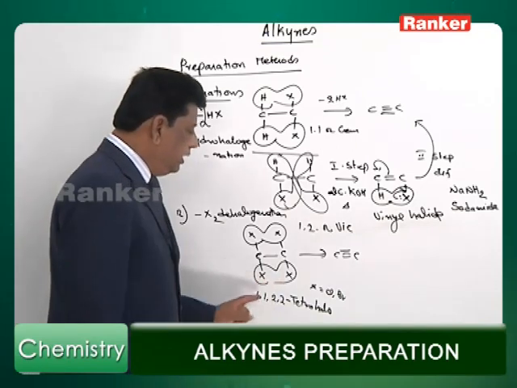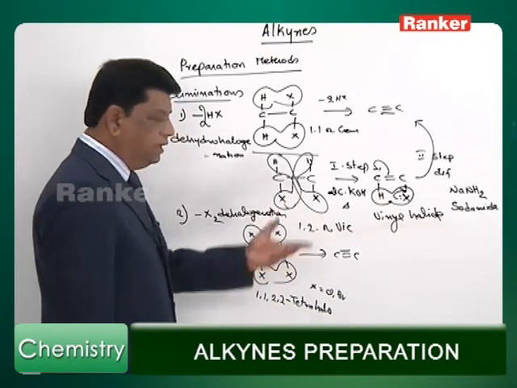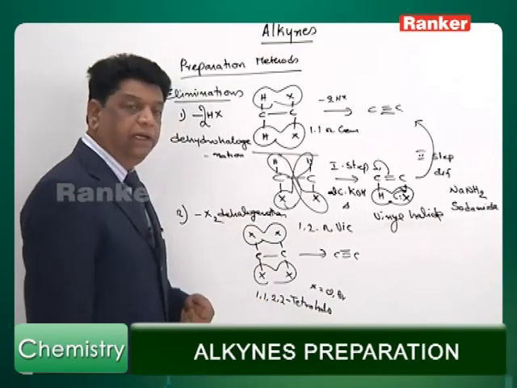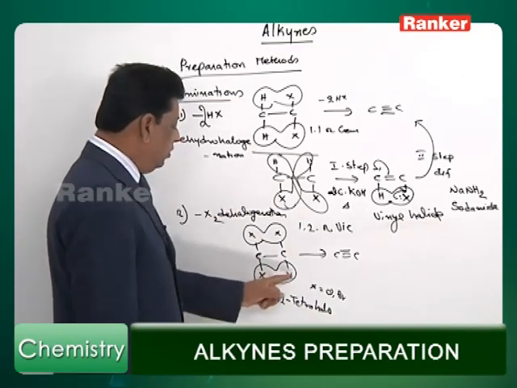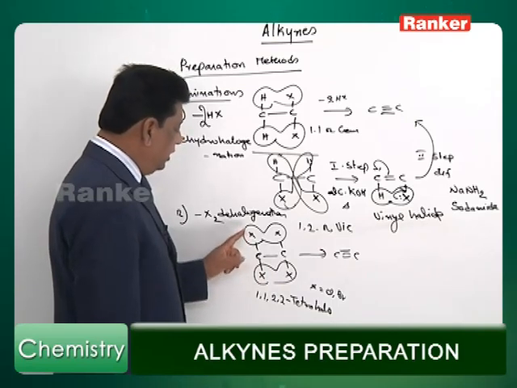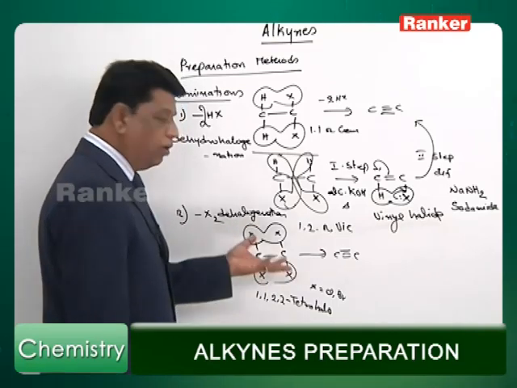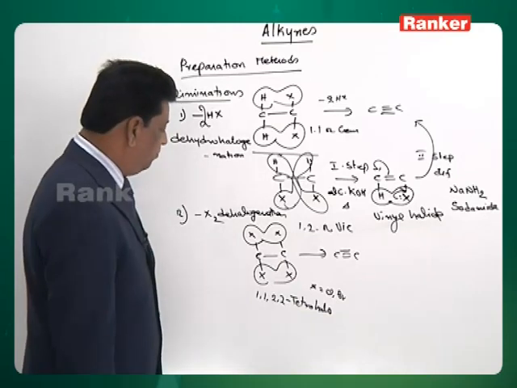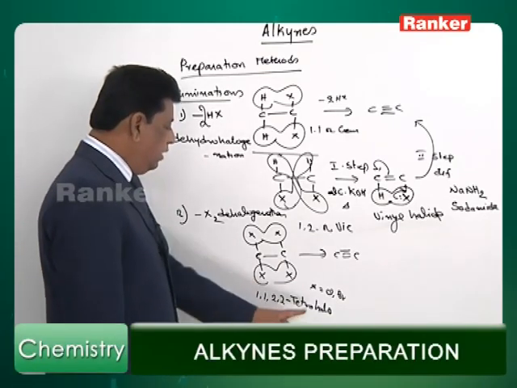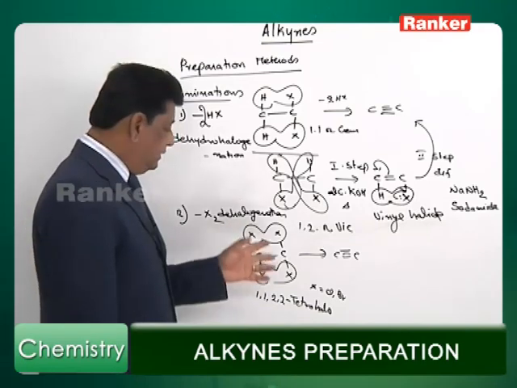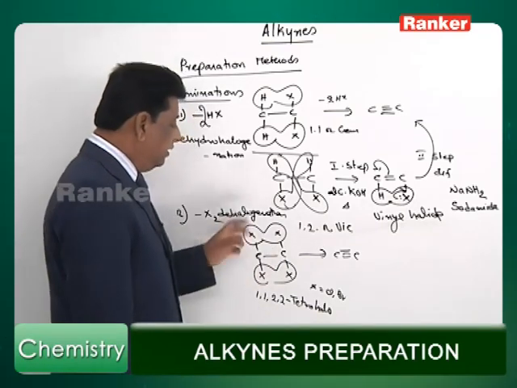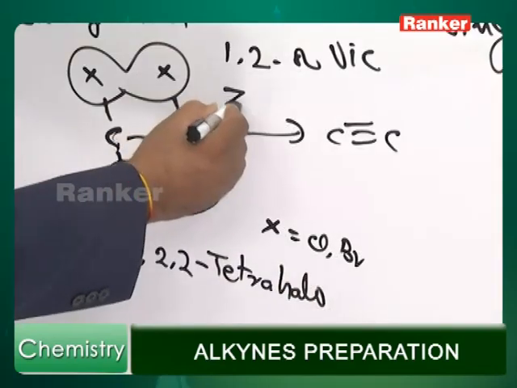Even iodine you can take, but iodine doesn't require any reagent, automatically deiodination takes place and you will get it. So, 2 chlorines, 2 bromines, mixed type also it is okay. But a tetrahalo compound containing 2 halogens on the first carbon, another set of halogens on the next carbon. This is done by the reagent zinc.